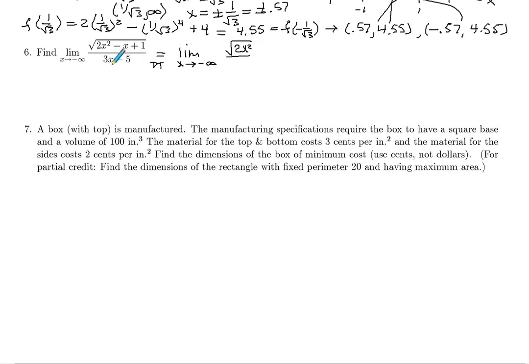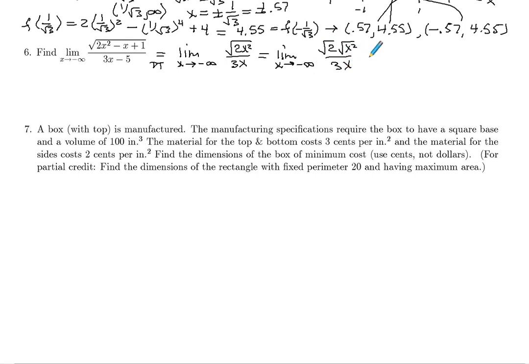And on the bottom, the highest power term is that 3x. Now we have to be a little careful here. We can break this apart on top. So this is the limit as x goes to -infinity, and this is root 2 and then root x squared over 3x, since the product of the roots is the root of the product.